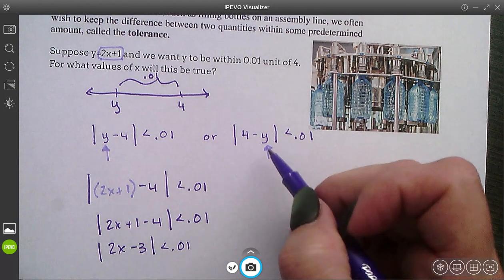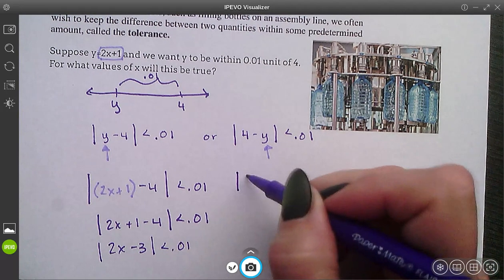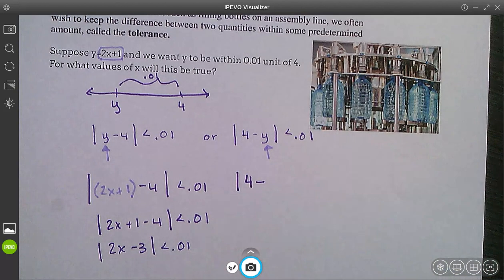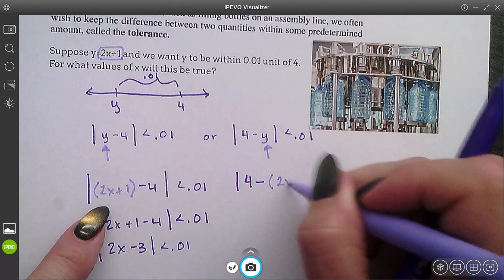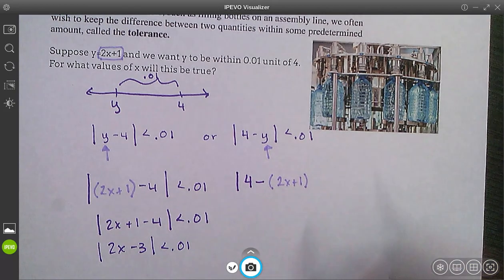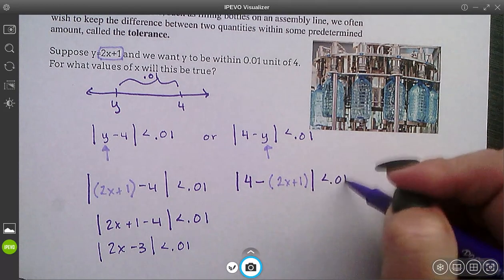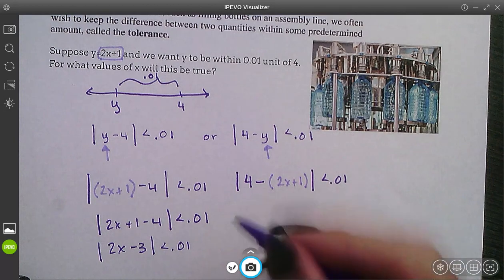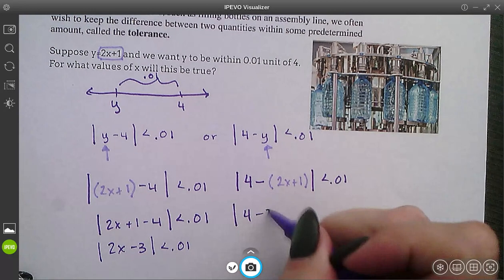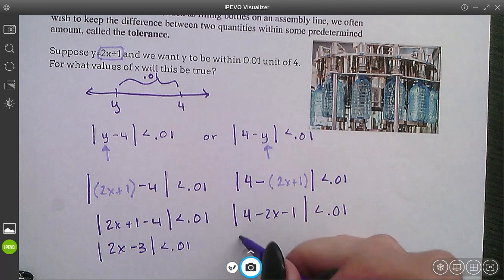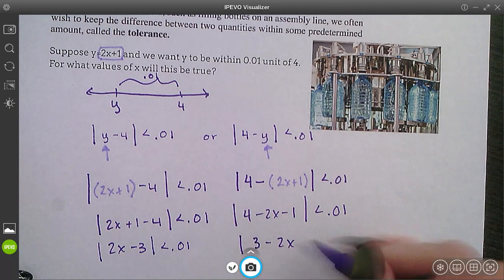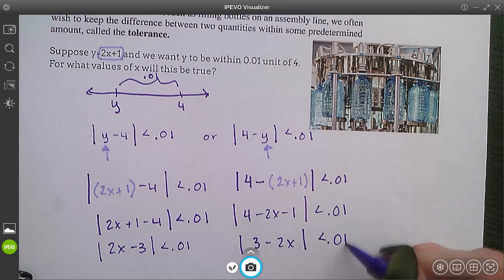But if I do it this way with 4 minus y, we definitely need to put the 2x plus 1 in parentheses, because then we distribute that subtraction. So that would be 4 minus 2x minus 1, which is the absolute value of 3 minus 2x is less than 0.01.